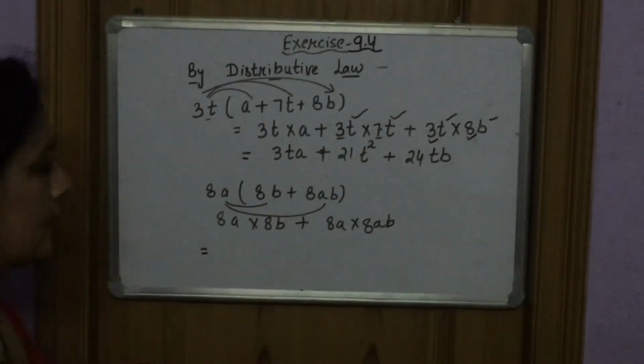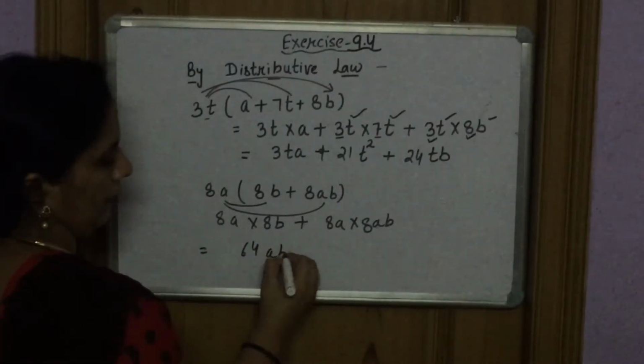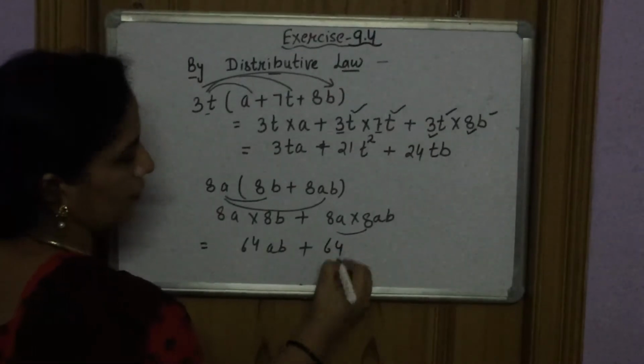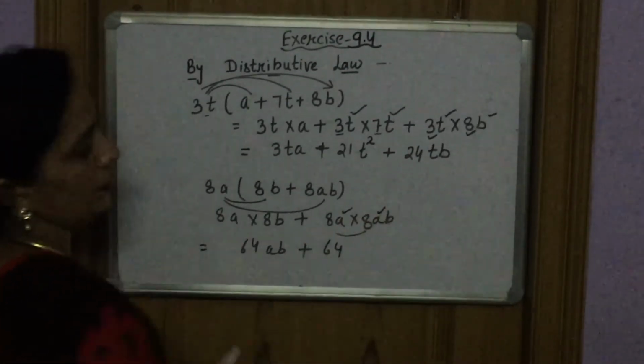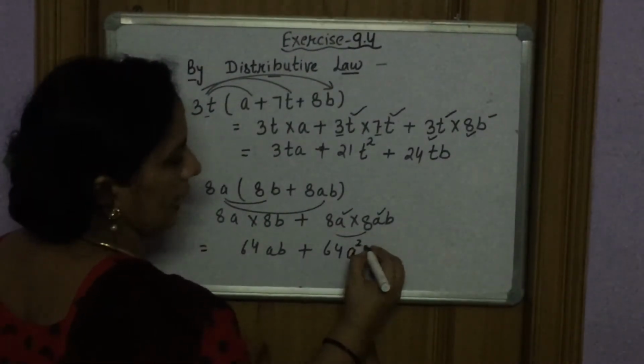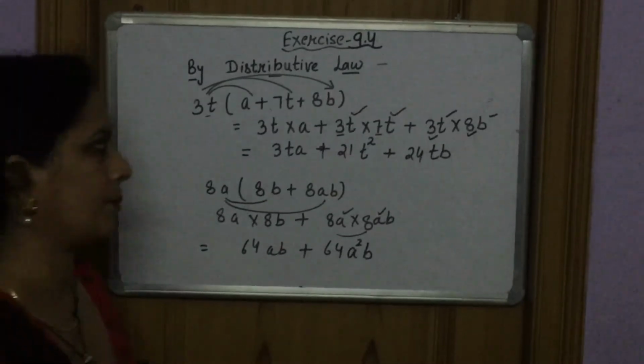So the final answer is 8 times 8, 64, a and b. In the next term, 8 times 8, 64. Here we have a and a, in which the base is the same. The power must be added and one more variable, that is b. This is our final answer.